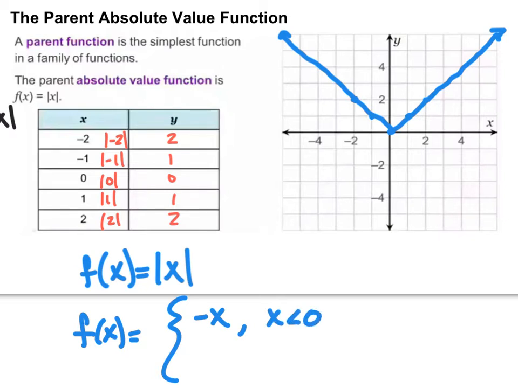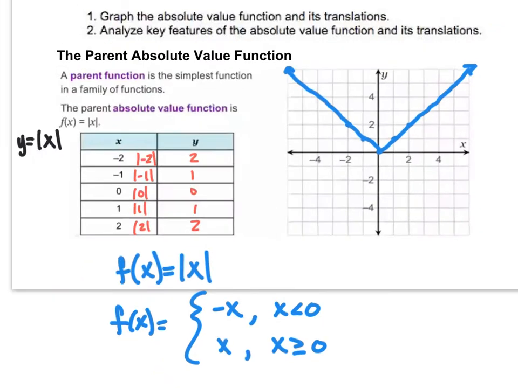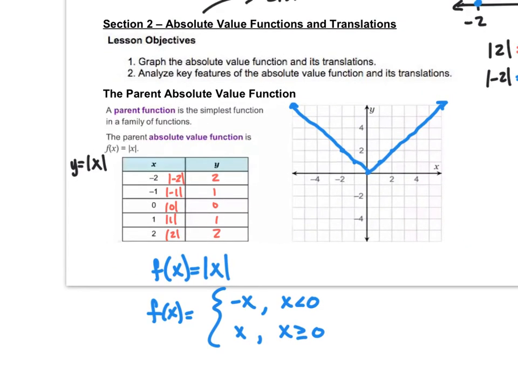Then this graph here is the graph of positive x, slope of 1, y-intercept 0, and that exists when x is greater than or equal to 0. So an absolute value function can be defined either way. We can write it like this or write it as a piecewise function. It doesn't really matter.